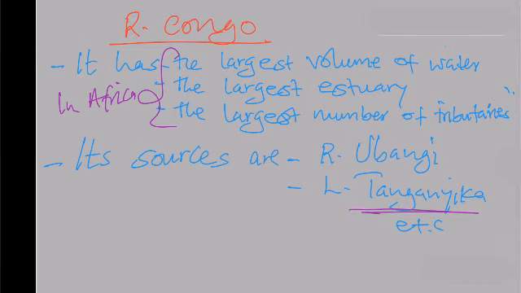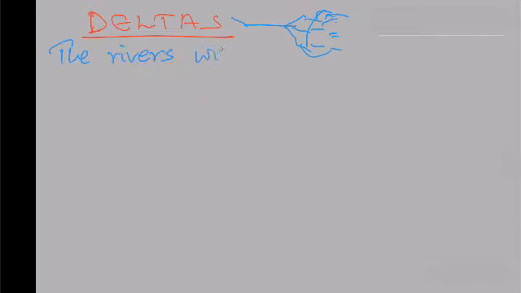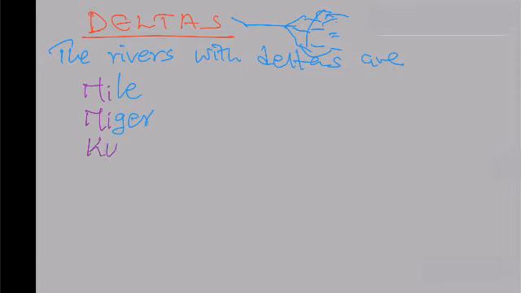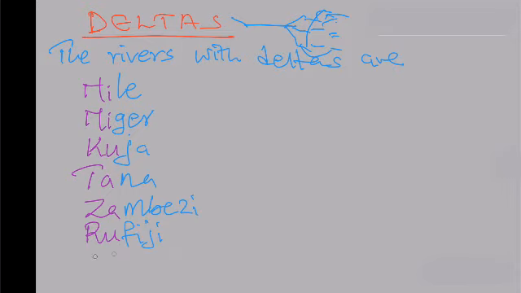So let's see some of the rivers that end in deltas. Of course, we said that a delta is when the river empties its water using several mouths, more than one. They can be 2, 3, and many others. Such rivers are River Nile, Niger, Kuja River, River Tana, River Zambezi, River Rufiji, and River Omo.